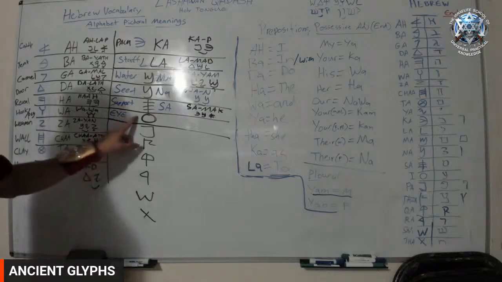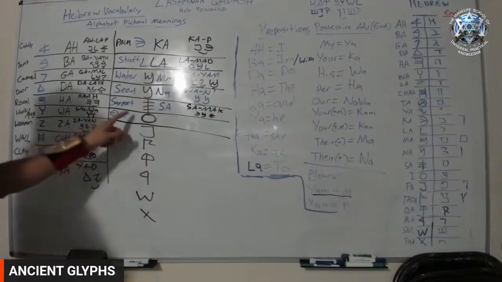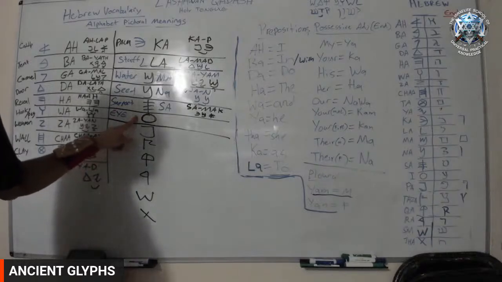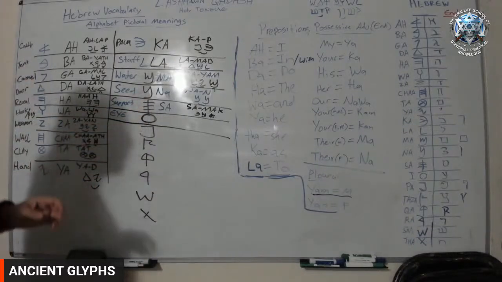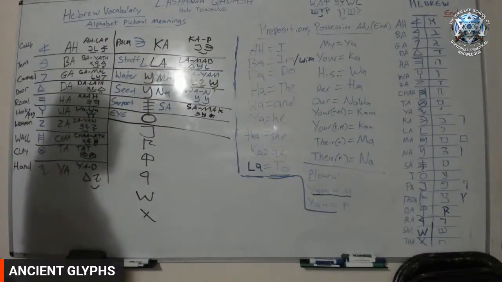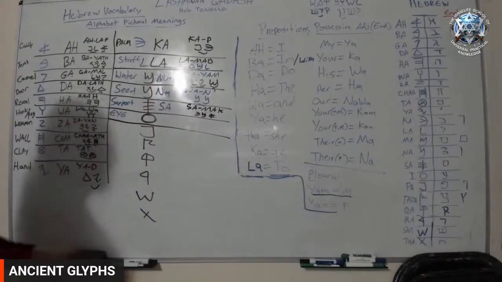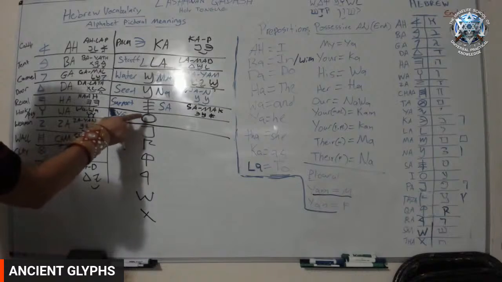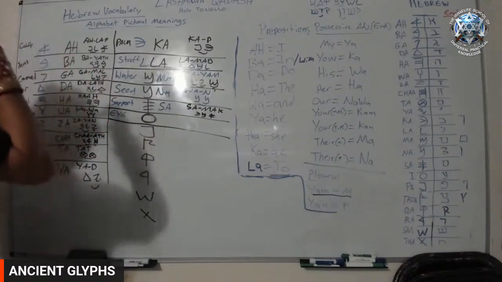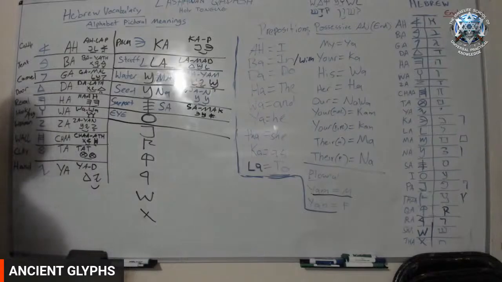That's why anything that has to do with vision is circular. A camera on your phone has a lens that looks like this. The binoculars you use to look far away, circular, right? To look at the stars, the telescope, is shaped like an eye when you look at it from the front. Or a sight on a modern weapon is going to have some kind of picture like that.